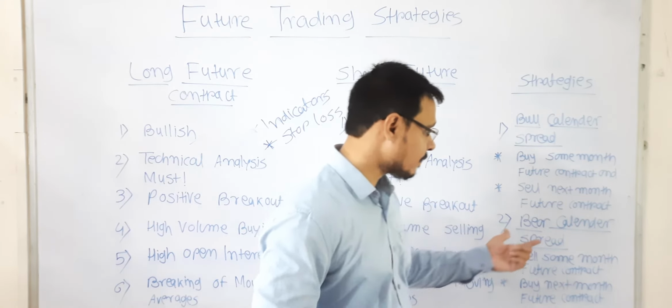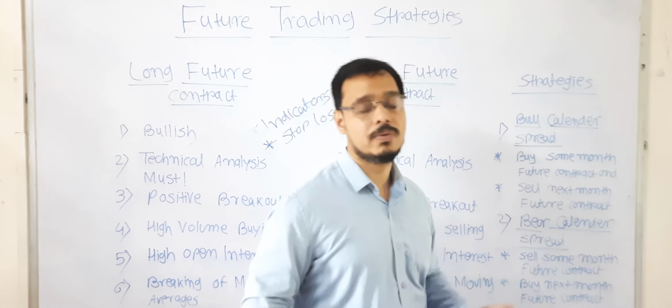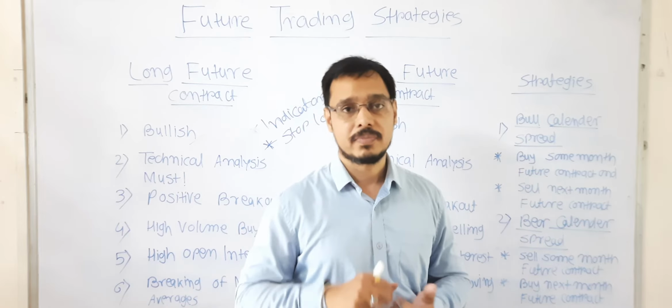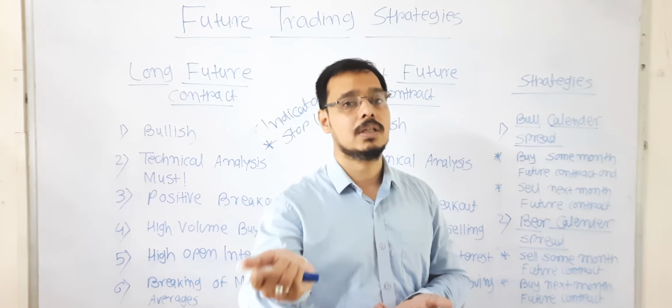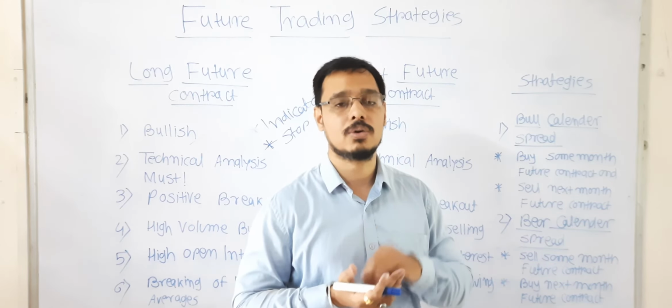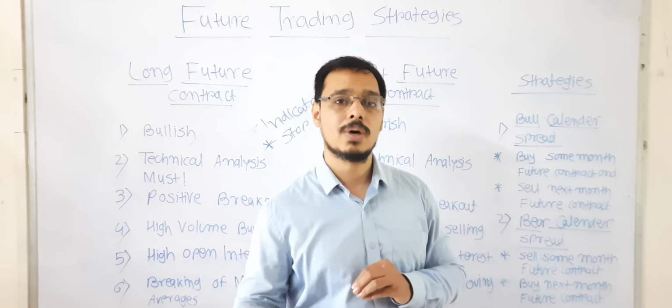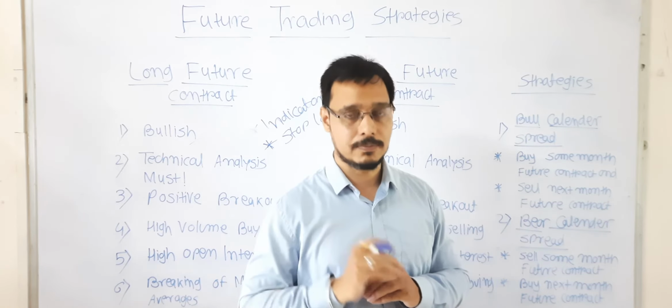In the same way, bear calendar spread, as the name suggests, you will sell this month future contract and you will buy the next month future contract. For example, you are selling the September future contract of Nifty and you are buying the October future contract of Nifty.